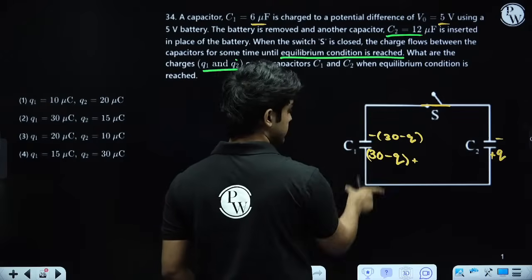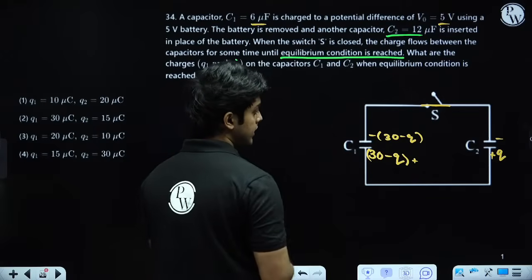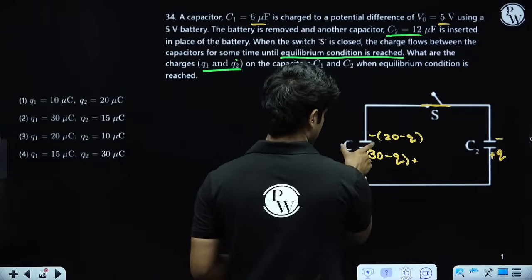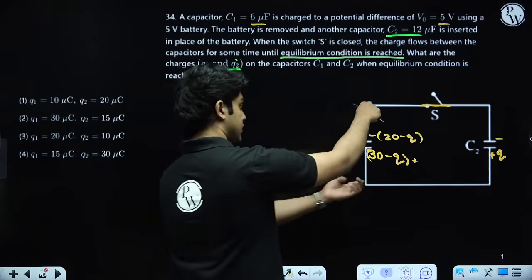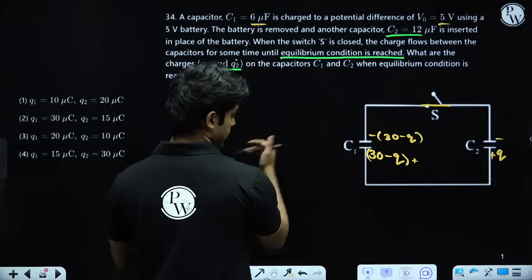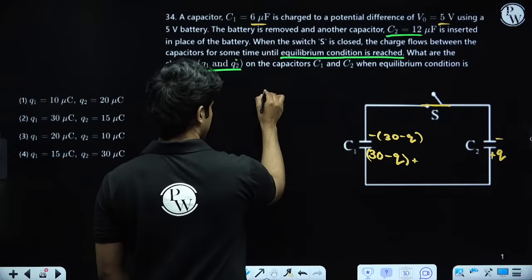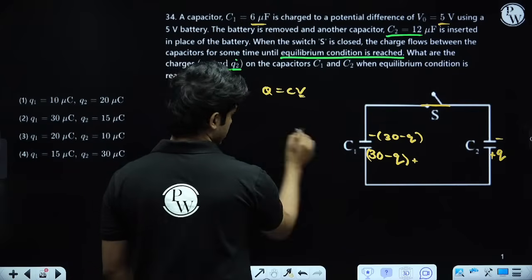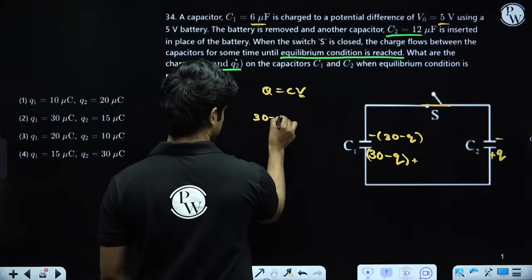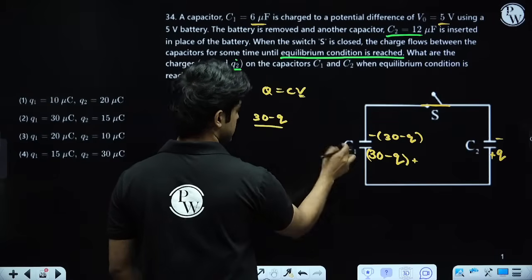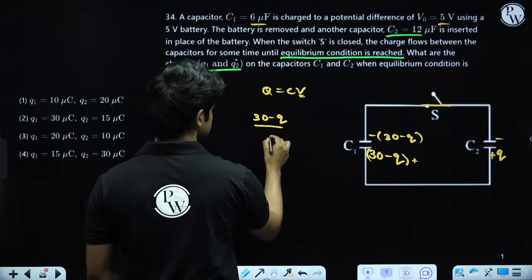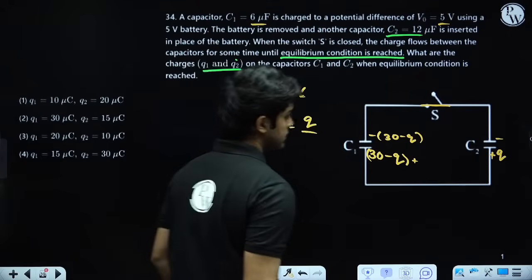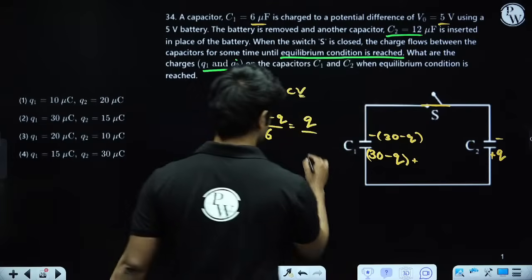Now as these two are in parallel, in steady state their potential differences must be the same. The potential difference across capacitor C1 is Q by C, since Q equals CV, so delta V is Q divided by C. So (30 minus Q) divided by capacitance C1, which is 6, equals Q divided by capacitance C2, which is 12.